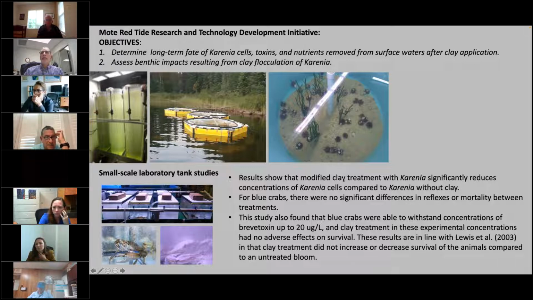So among the results so far, in these tank studies for blue crabs, there were no significant differences in mortality or reflexes between the treatments, and we actually showed that the crabs were able to withstand quite high levels of brevetoxin.